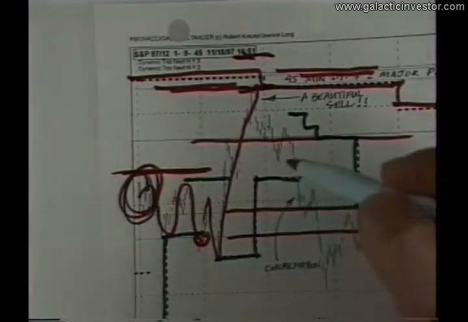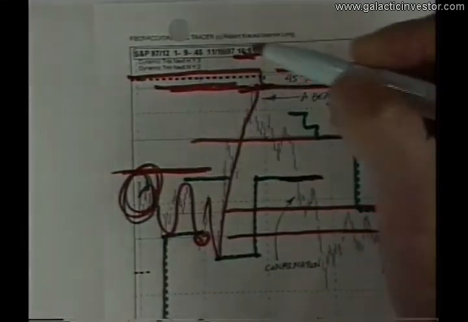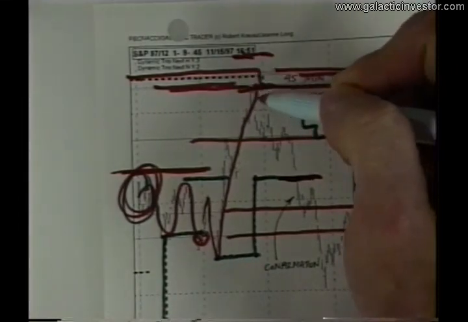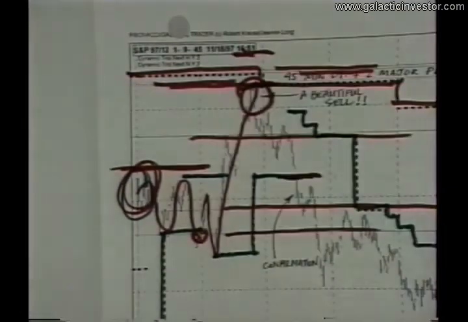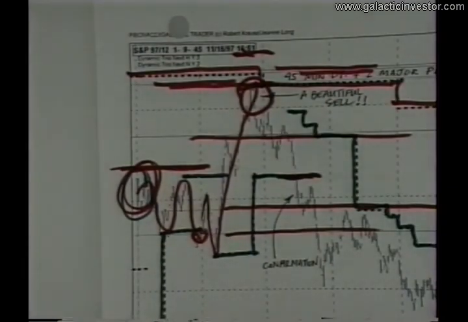I don't have to wait for this sell right here because I can just take a position right there. I can go ahead and sell it. See what I mean? It would be the same situation if you already owned a stock, you already had bought a stock, and it retraced back to the weekly dynamic trio and coincided with a planetary point.